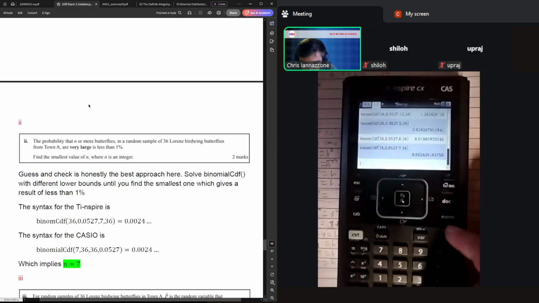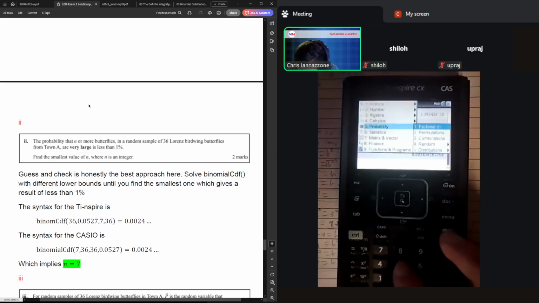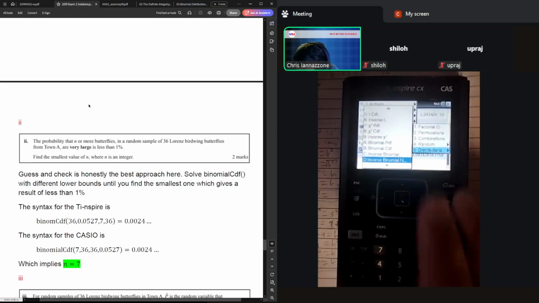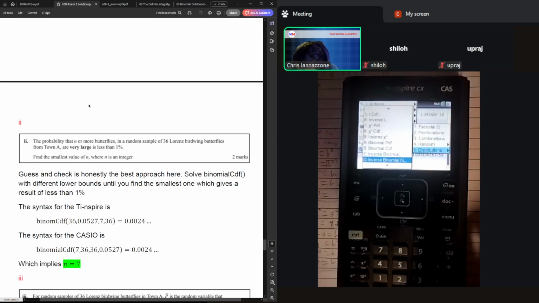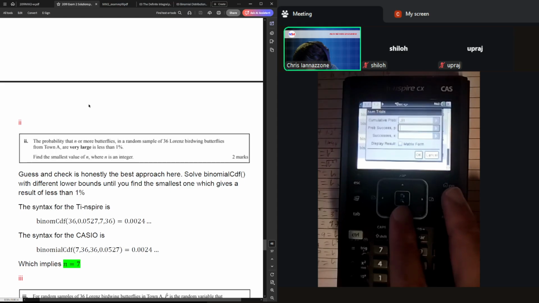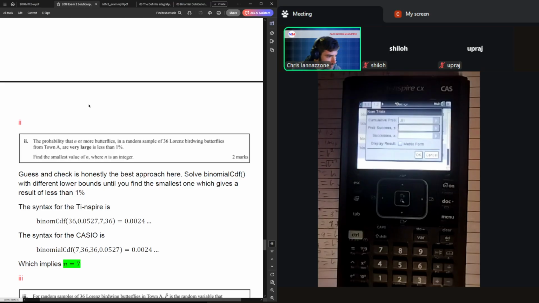I'm going to spend a little bit of time playing with another CAS function. If I don't get it immediately, I'll move on, because I'm not really an expert on this one in particular. Inverse binomial is nominally supposed to do this stuff. Might be this one. Cumulative probability, I'm assuming it's 0.01. Base probability of success was the 0.0527.